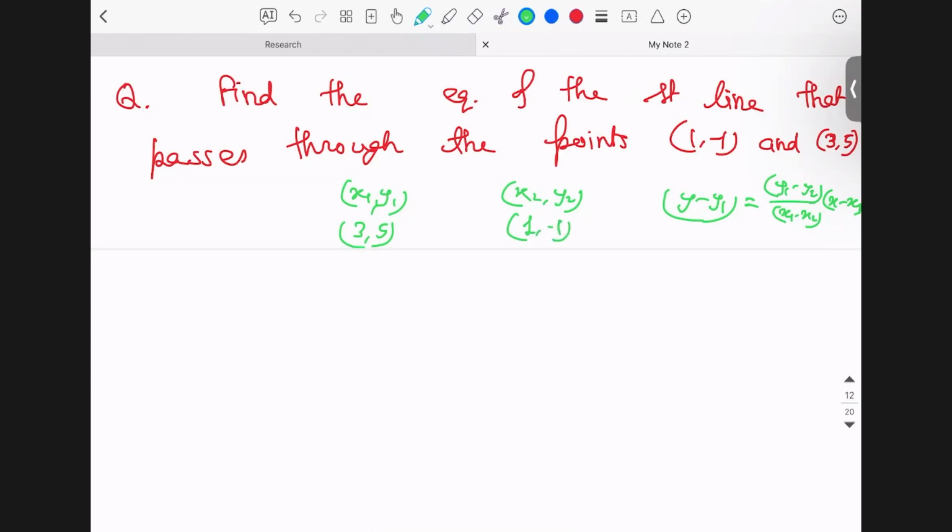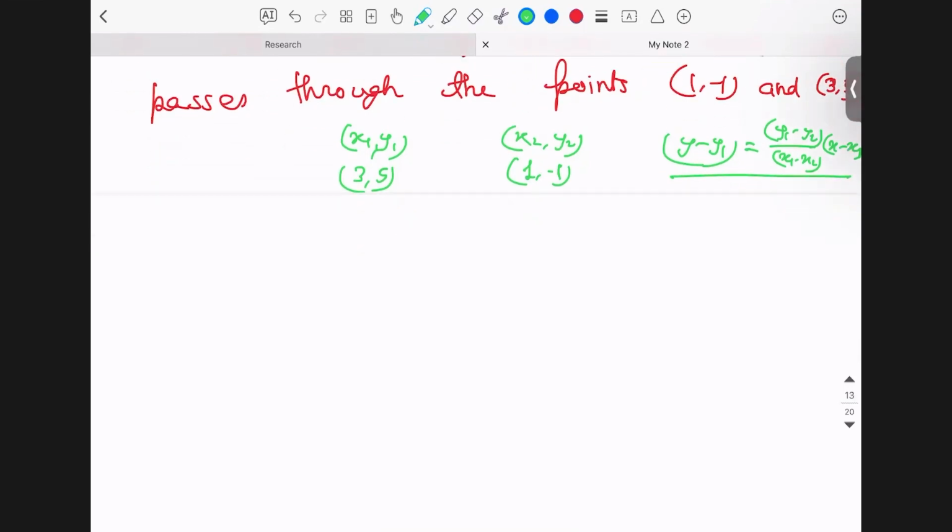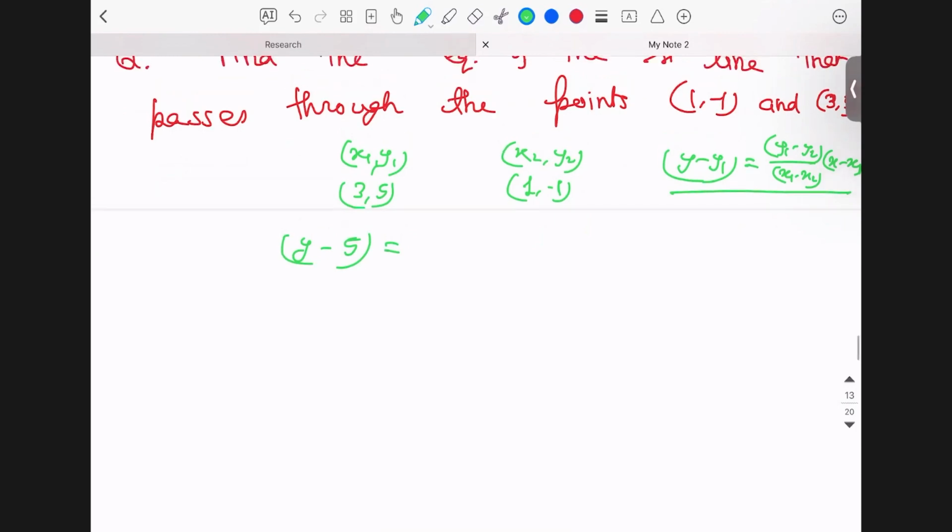Then we can replace these numeric values in this equation. So y minus 5 equals (5 minus 1) divided by (3 minus 1) into (x minus 3), right?